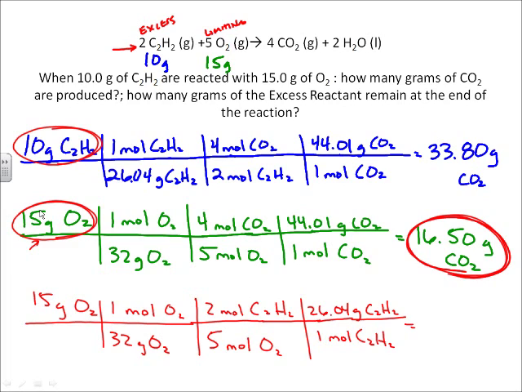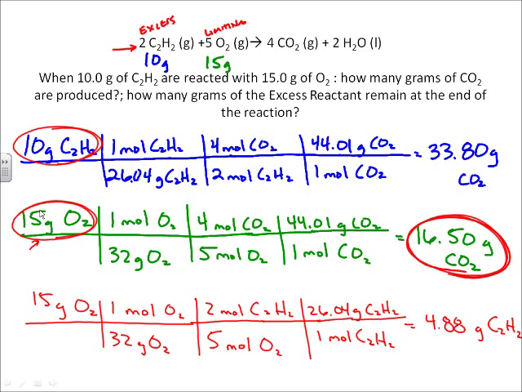So what we find by doing this is that you need 4.88 grams of your C2H2 in order to get your 16.5 grams of carbon dioxide, or in order to use up all of the 15 grams of oxygen.